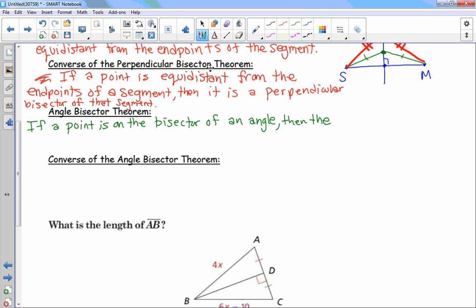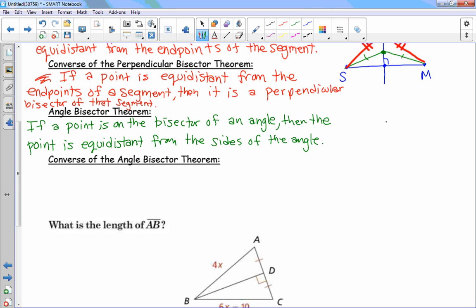If the point is on the angle bisector, then the point is equidistant from the sides of the angle. The converse is just reversing that. If we have a point equidistant from the sides of the angle, then we have an angle bisector.